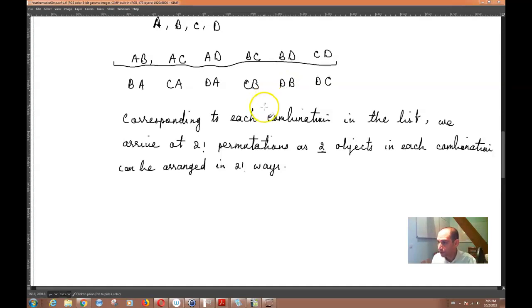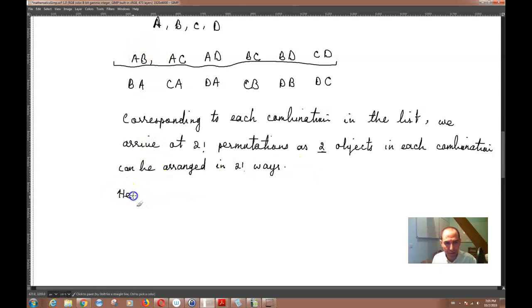Hence, since each combination corresponds to 2 factorial permutations, you can say that the number of permutations is 2 factorial times the number of combinations.